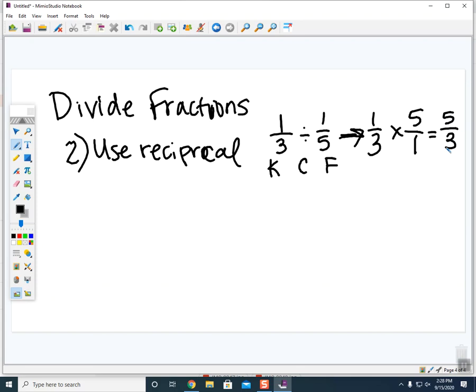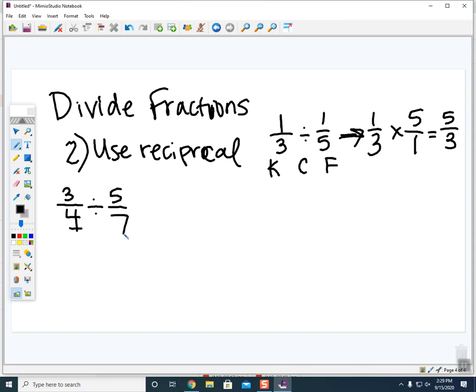I want to give you a little clue into why this works. I've been explaining as we go that if I just divide across, it's the same thing as it being over 1. So there's a reason why the reciprocal works. Let's use an example like 3 over 4 divided by 5 over 7.